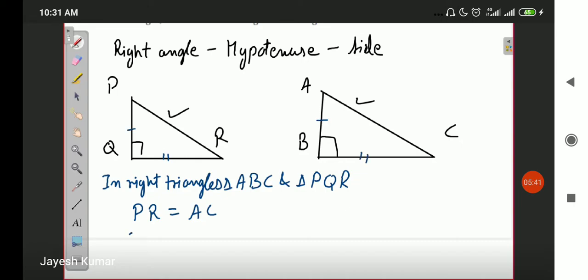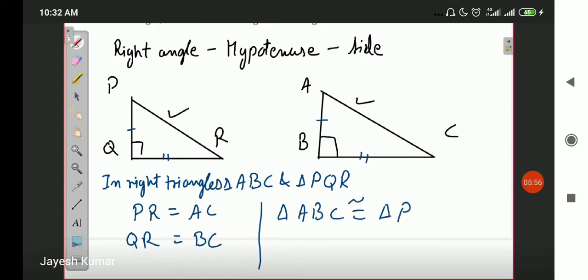So I am taking QR is equal to BC. You can say that both the bases are the same or both the perpendiculars are the same. In either case, both the triangles will be congruent. Triangle ABC will be congruent to triangle PQR.